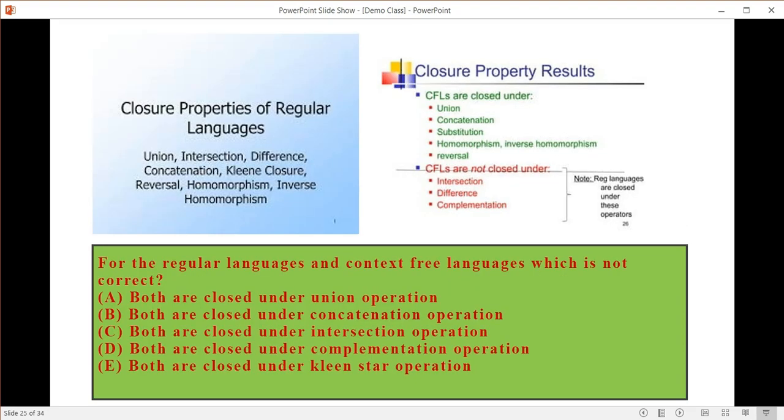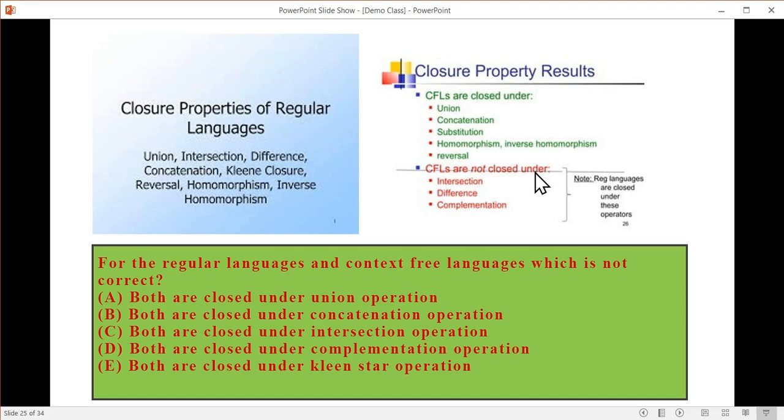So here we have the closure properties of regular languages. For this question, we have to know the closure properties of regular languages and of context free languages: union, intersection, difference, concatenation. These are the various operations involved in regular languages. Then for CFL, which operations are closed and which operations are not closed.